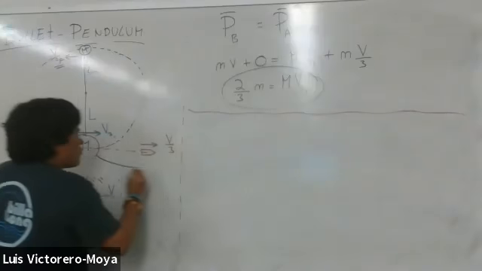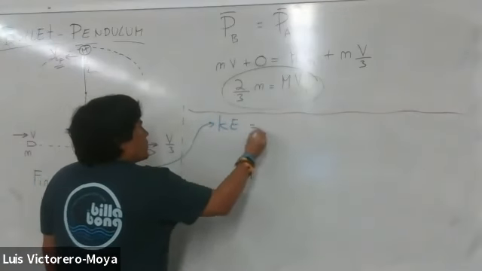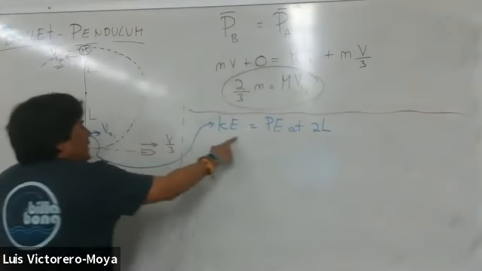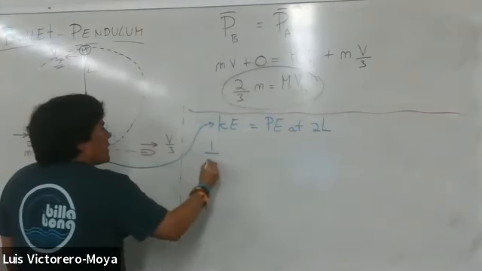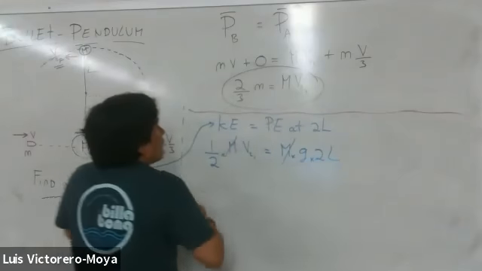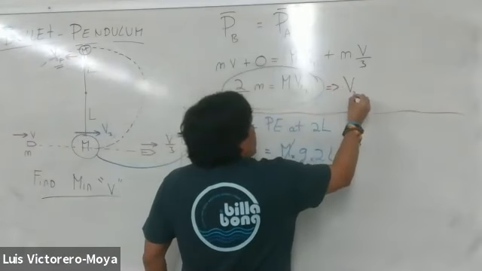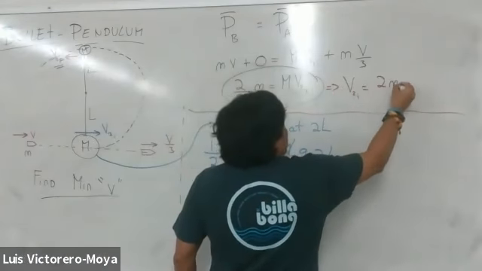So the kinetic energy for this mass will be equal to the potential energy at 2L.